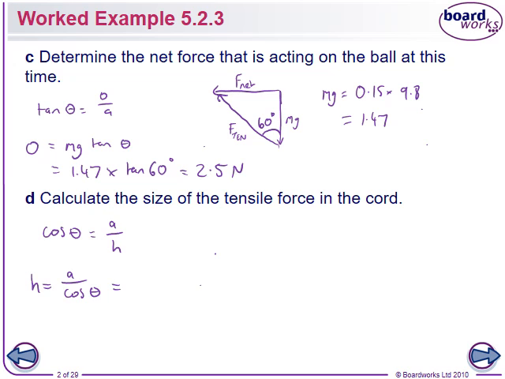I shouldn't use A because that looks like acceleration. Never mind. Adjacent is 1.47 over cos of 60, which is 2.94. So our tension force is 2.94 newtons.